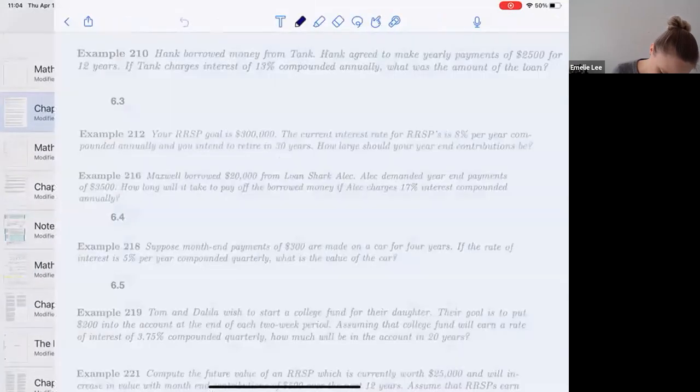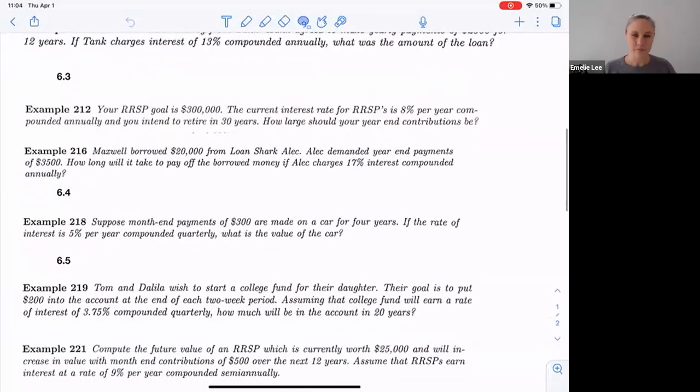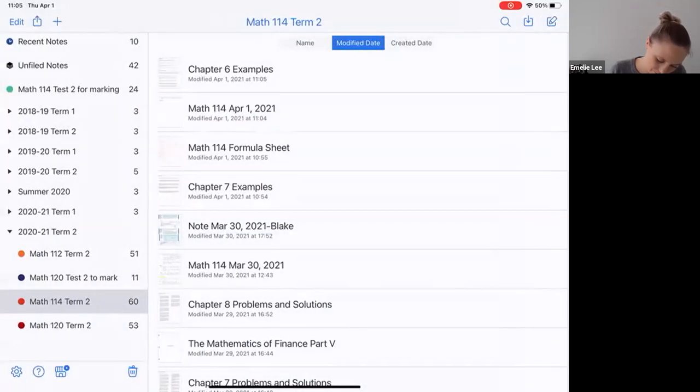What we did was I jumped ahead to 6.4, and then we're going to go back and go through 6.3 because I was running out of time, but I wanted to introduce a situation where the compounding rate was not the same as the payment frequency, right? Because that's what we're going to need to be able to solve these problems. So we're going to jump around a little bit today, but we'll get through it all.